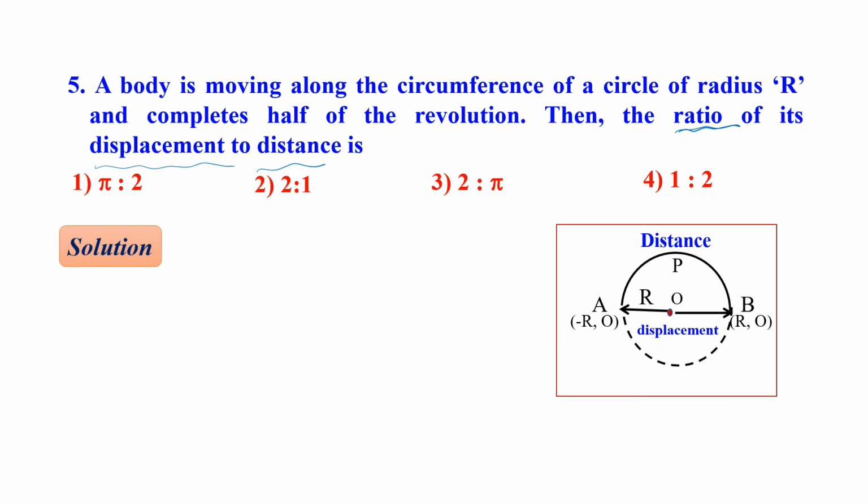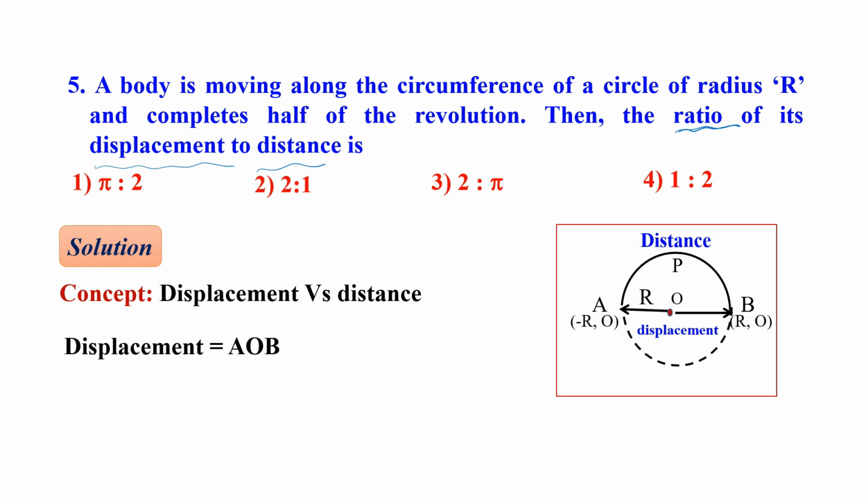After that we have to find the ratio of its displacement to distance. Displacement versus distance. Displacement is equal to AOB, the shortest distance between initial point and final point. So final position minus initial position, that is r minus of minus r, plus r, that is 2r.